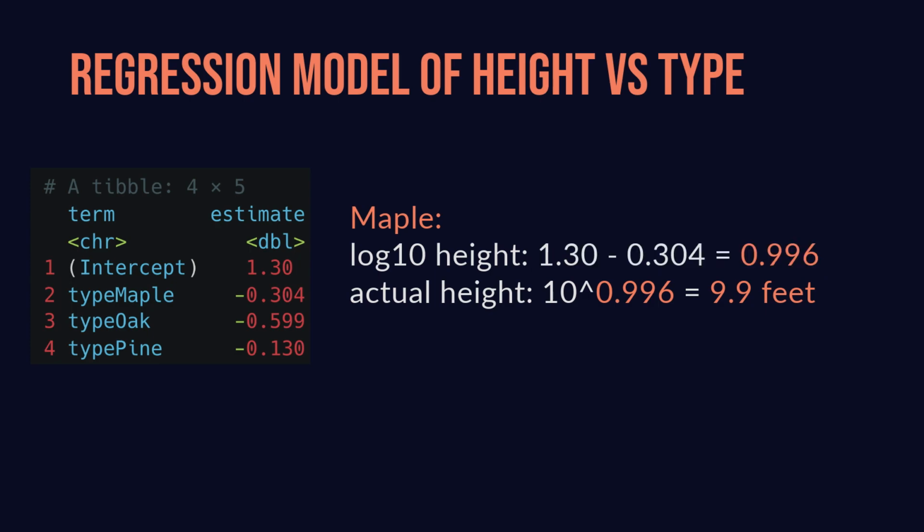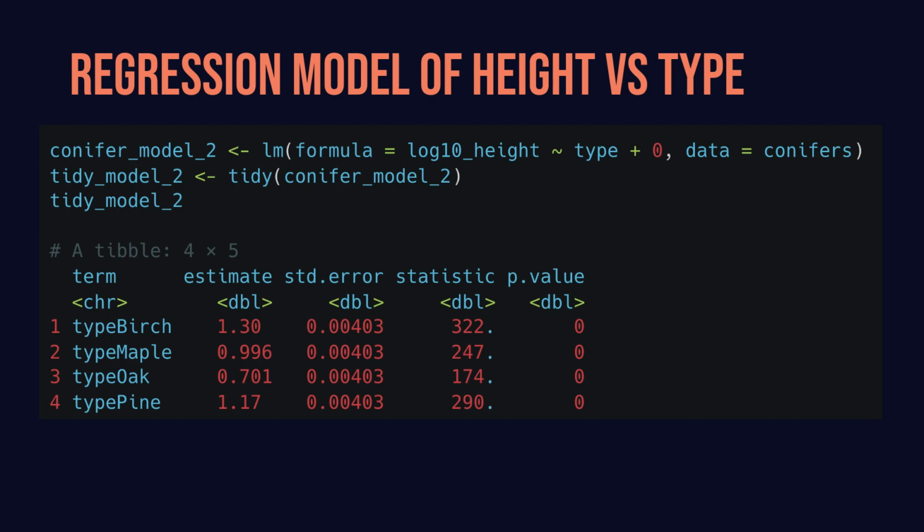And if we raise 10 to the power of it, we get the mean height of maple trees, which is 9.9 feet. We can simplify this by appending +0 at the end of the categorical variable type in our model. This specifies that all the coefficients should be relative to 0, and it makes the results easier to read.